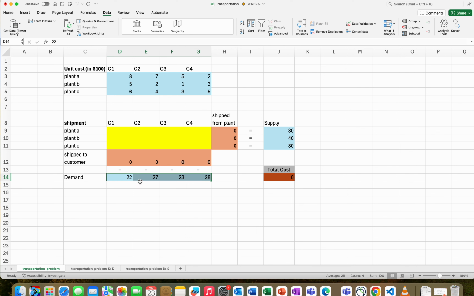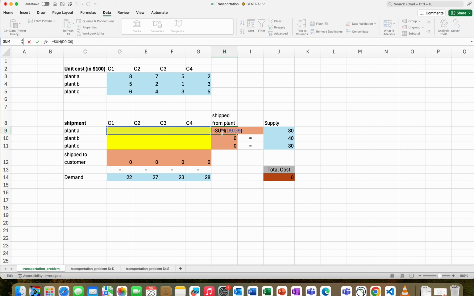We construct this LP problem with balanced constraints, where we give a constraint that the total shipment from plant A is equal to the total supply of 30, and similarly the total demand for customer C1 that would come from the different plants is 22. The total cost is nothing but the sumproduct of the decision variables and the cost matrix.